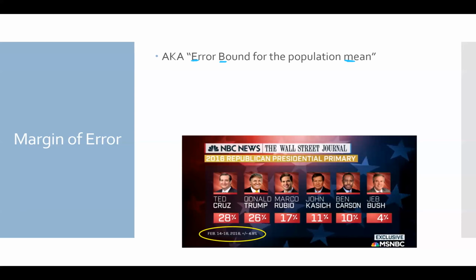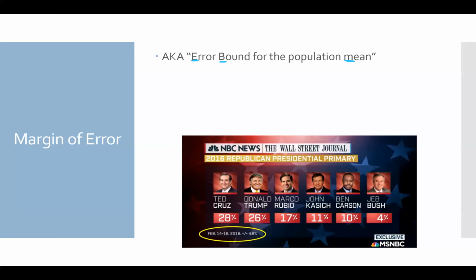NBC News and the Wall Street Journal had done a poll to see what percentage of the population was going to vote for a particular candidate. If you'll notice at the bottom, it says plus or minus 4.8%. That plus or minus 4.8% is the margin of error for that particular survey. That is how much those percentages could be off.